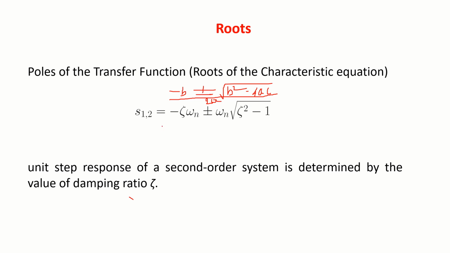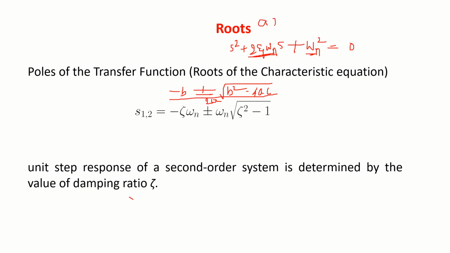So here we have s square plus 2 zeta omega n s plus omega n square equal to 0. In this case a is equal to 1, b is 2 zeta omega n and c is omega n squared.